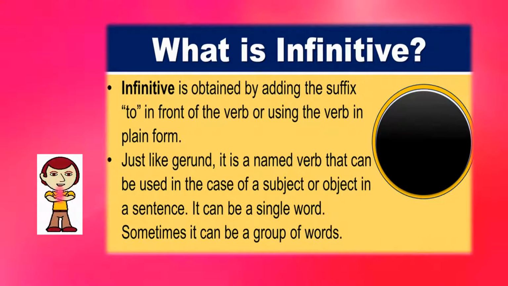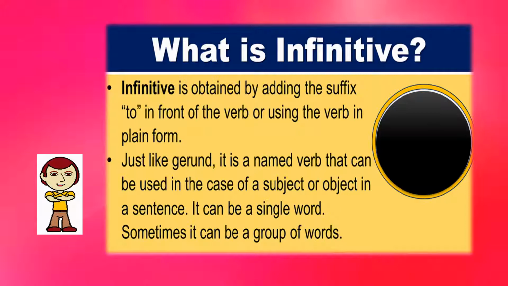Let's learn more about the infinitive verb. Infinitive is obtained by adding the particle to in front of the verb or using the verb in plain form. Just like gerund, it is a verb-noun that can be used as a subject or object in a sentence.